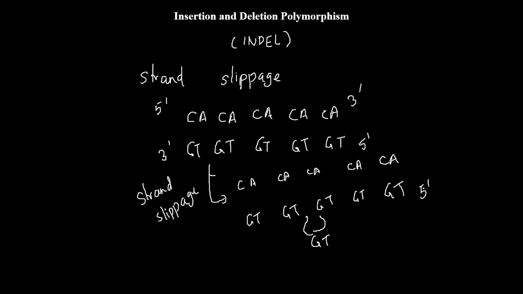So now how many GTs do you have? 1, 2, 3, 4, 5, 6. Instead of 5 GT, you are now having 6 GT, and this is known as the insertion polymorphism because there is an addition of the GT. Now this particular sequence will serve as a template strand, and then you will be getting the permanent CA insertion in your genome.